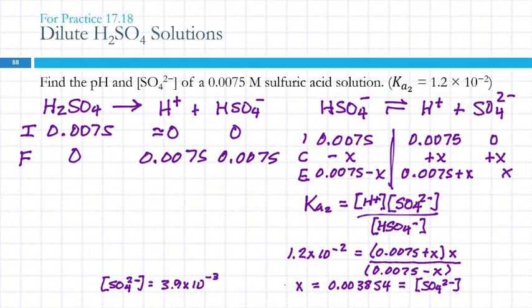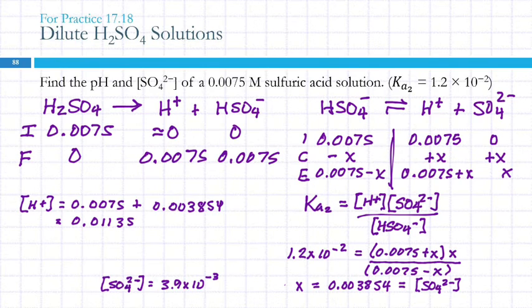And so the hydrogen ion concentration will be the 0.0075 plus 0.003854, which is 0.011354.